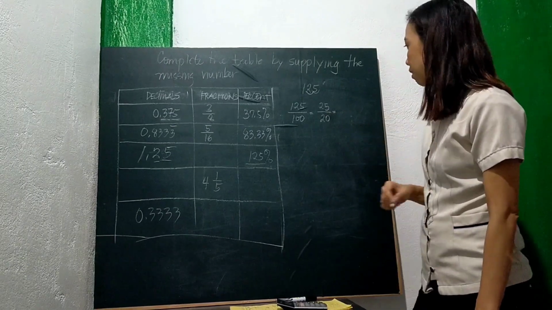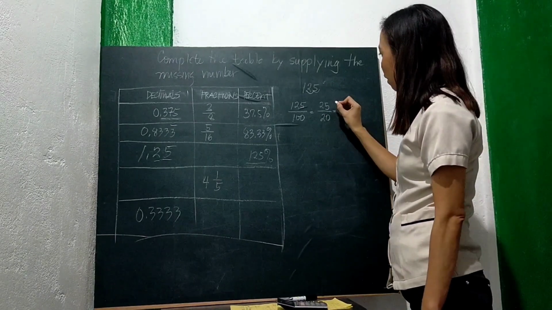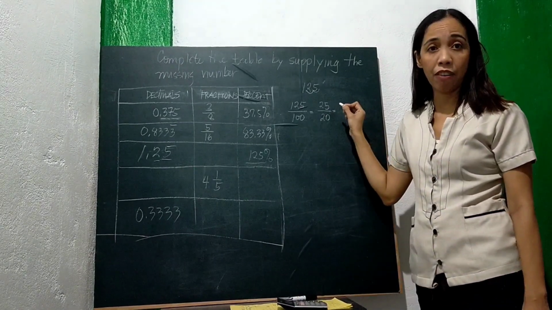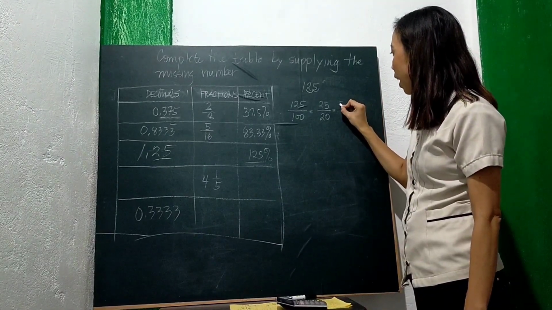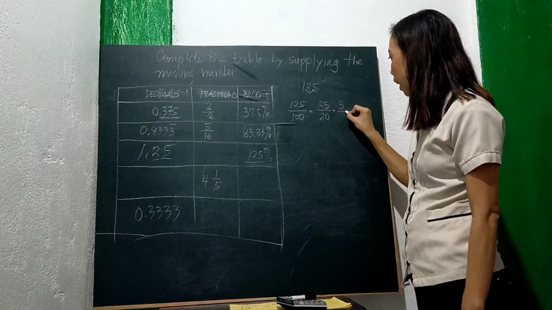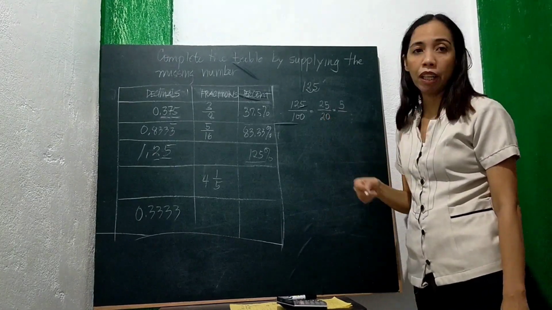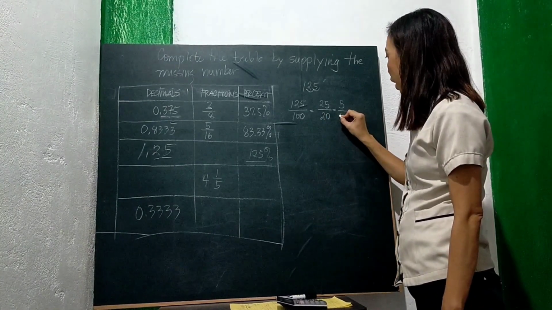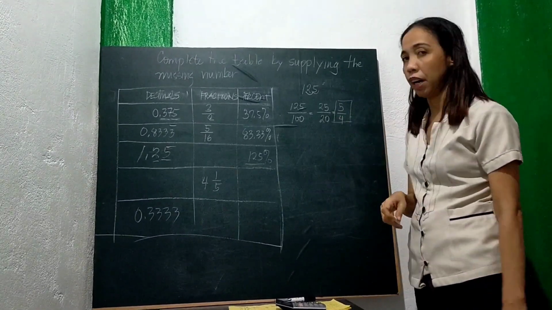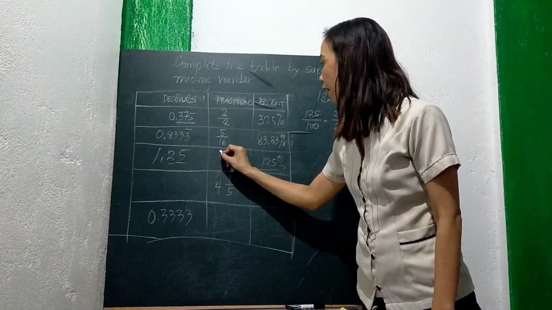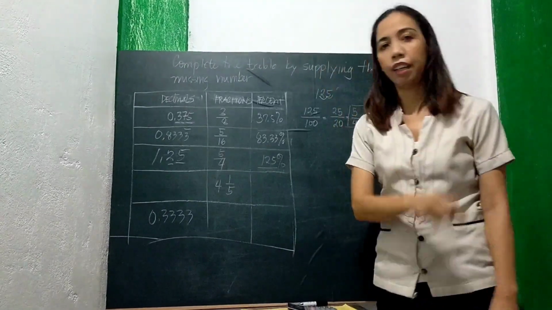So again, simplify it. So this is divisible again by 5. So we have 25 divided by 5 is 5. And 20 divided by 5 is 4. The answer is 5 over 4.